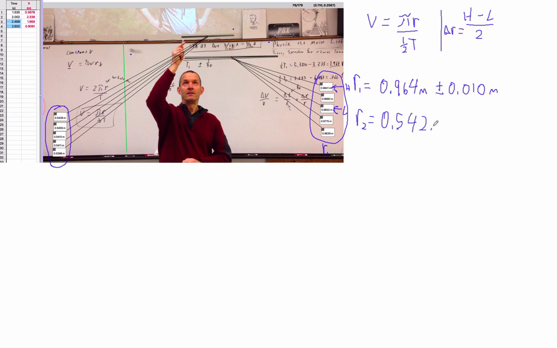Okay, so R2 is 0.542 meters, right? And now let's figure out which one's the highest, which one's the lowest, right? So the lowest has got to be the 0.5398, right? That's our lowest. And our highest is 0.5459. Yes, that's our highest. So I'm going to go 0.5459, this guy right here, that's my highest. Subtract my lowest, 0.5398.